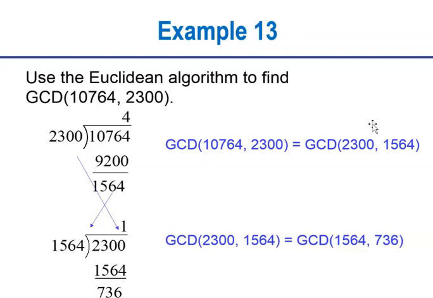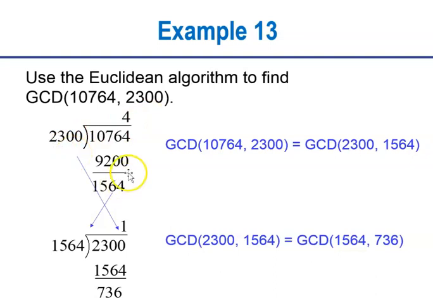We did prime factorization, by far my favorite method, but the Euclidean algorithm is a good way to go as well, especially if you're dealing with large numbers. So notice what we did. We're taking the largest of the two, and that goes underneath the division bar, and then we're dividing by 2,300.